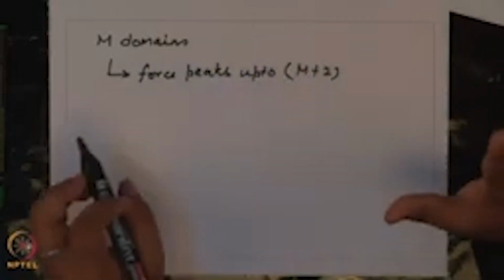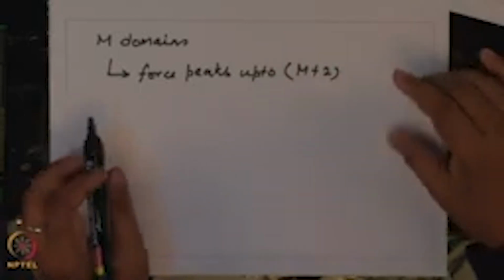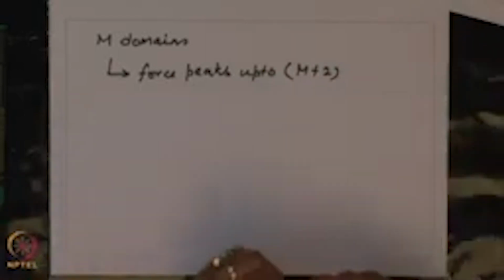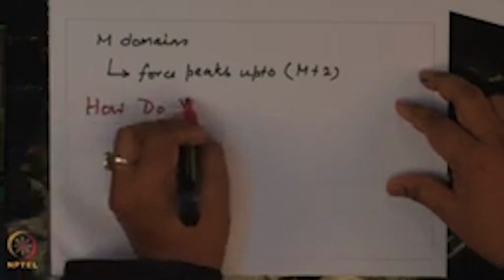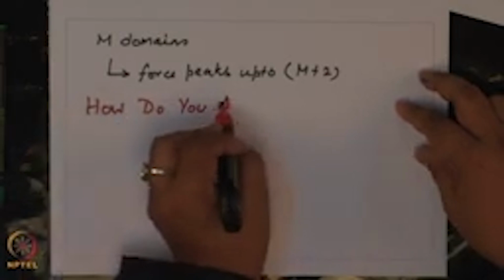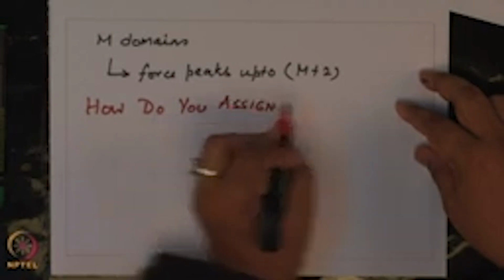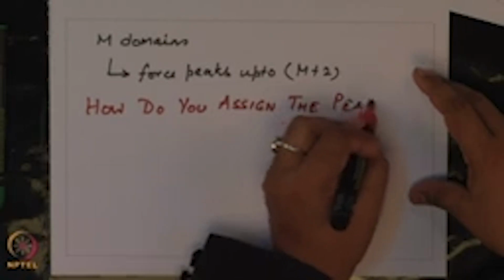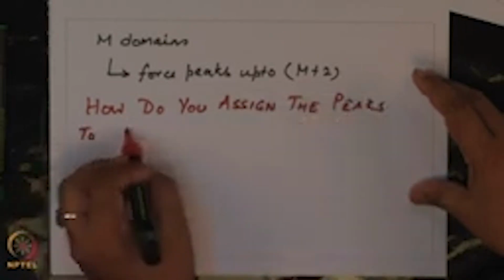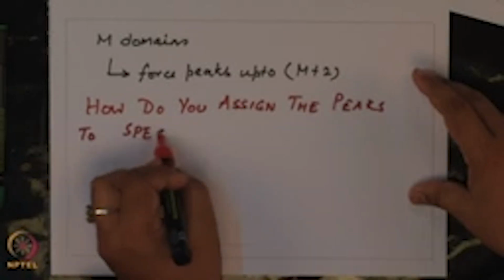So, you know that there are M unfolding peaks. Now the tricky part is how do you assign the peaks to specific domains.